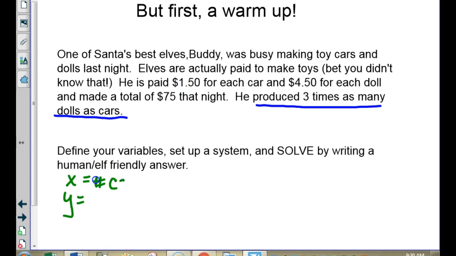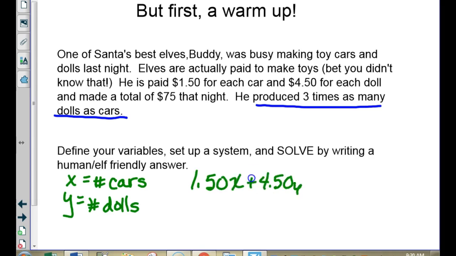So number of cars he makes and number of dolls he makes. So be real careful. All right. Now, one equation is pretty straightforward. Got that one, Tristan, for us? Okay. Everybody good? That one's easy peasy.